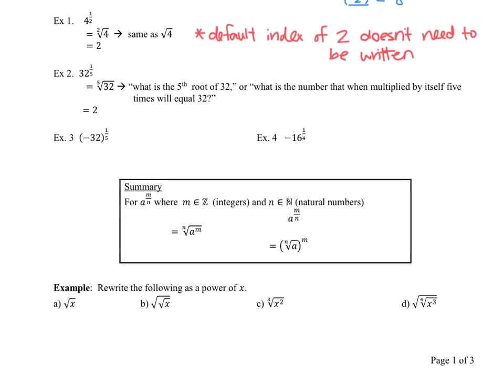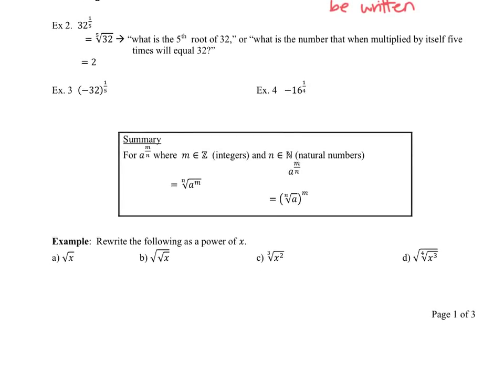Now let's move our page down. Okay, so we have negative 32 to the exponent of 1 over 5. So that will give us our fifth root of negative 32. So we're going to rewrite this as the fifth root of negative 32.